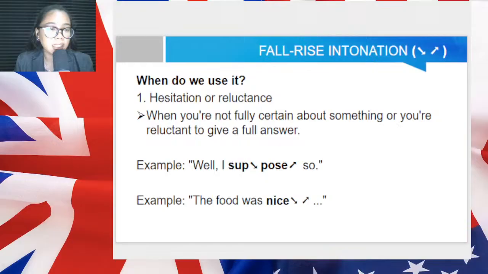Instead, it subtly communicates, yes, I guess so, but please understand I have some reservations. Or it could be, I'll agree to this, but I am not entirely thrilled about it. Or even, I'm saying yes, but I'm not fully convinced by it. So the intonation here is paramount to understanding that the agreement, while given, is profoundly qualified.